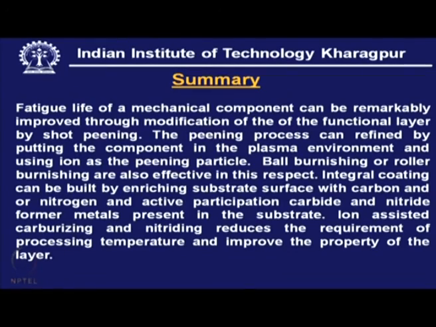The consumption of gases can also be low, cycle time will also be low, and last but not the least, because of this low temperature and ion impingement, we can make a good surface layer with close control and within a few microns if necessary, and with all the required properties in an improved manner.